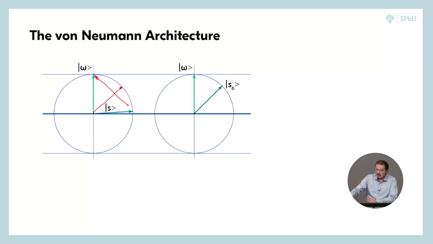We don't have this vector here in the beginning of our iterations, but we do have it in the middle of the algorithm's work. So for 12 iterations, we have S6 here in the middle of the way. So we don't know the direction, we don't know the way, but the system itself knows the way.